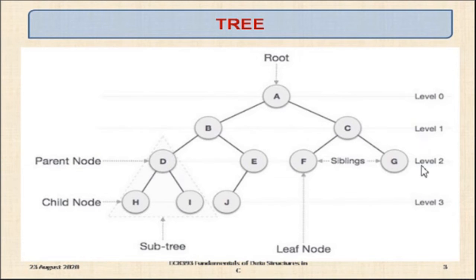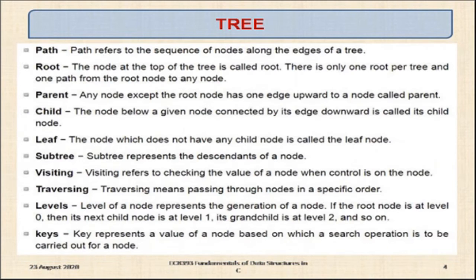I am the child of my father, and my father is a child of his father. His father is the grandfather for me, and I am the grandson of my grandfather. The same phenomena we can use here also, and we'll see the definitions for the different terminologies associated with the tree in the data structure in the next slide.